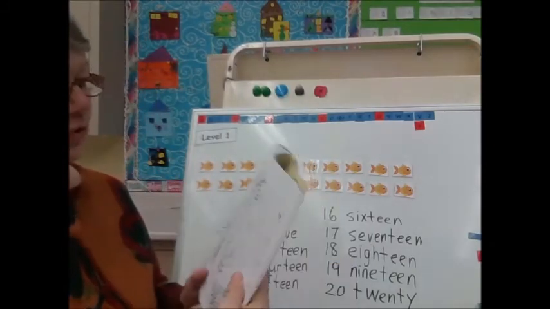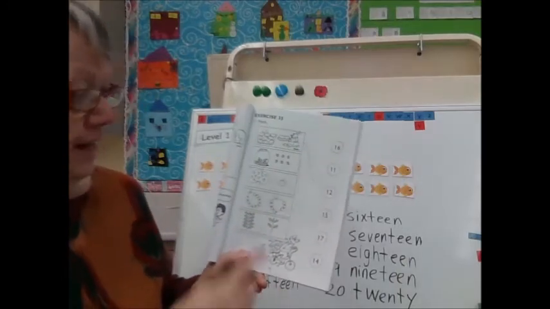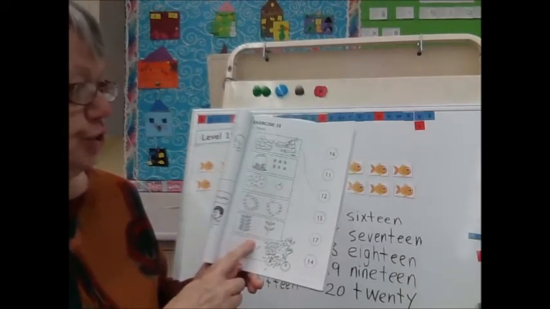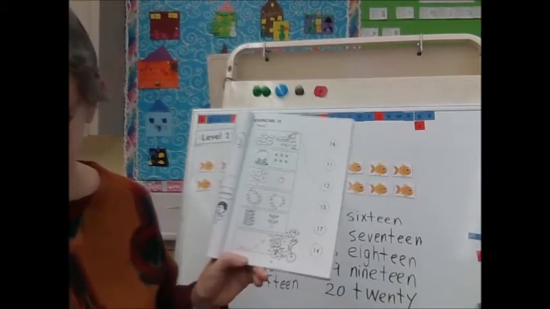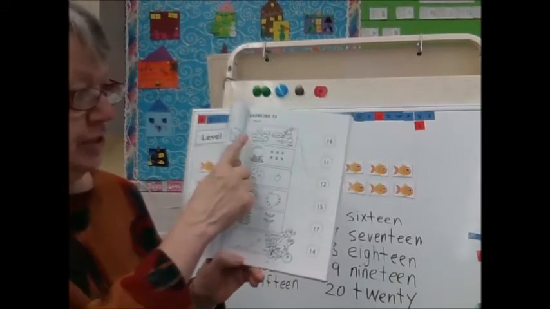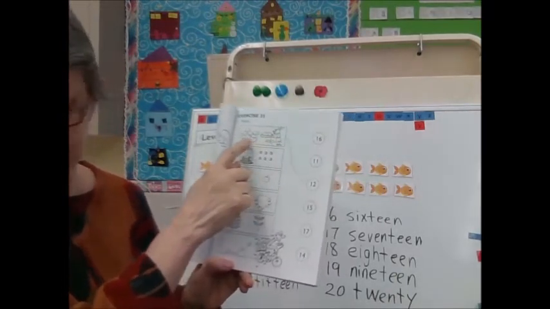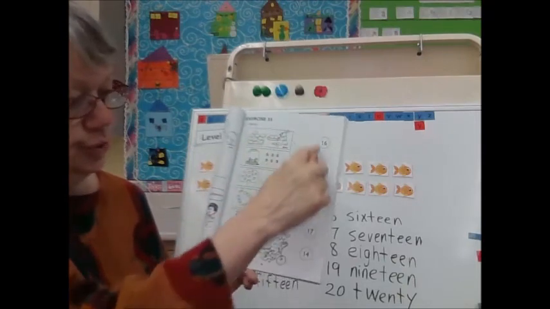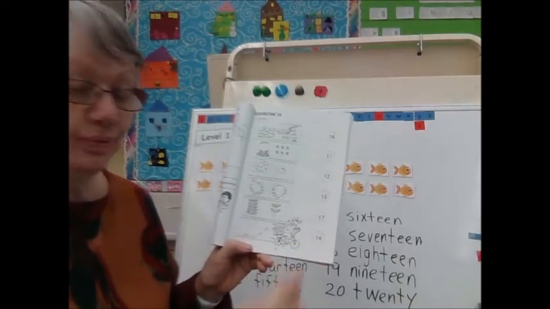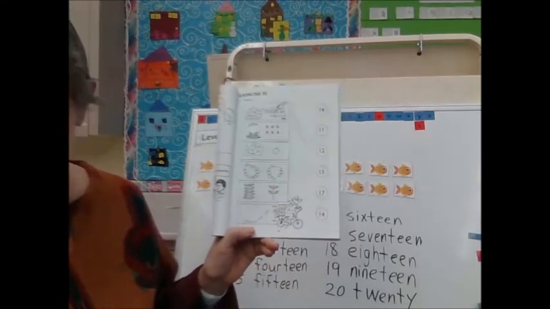All right, so the first page, all you have to do is you match, okay? So you count the number and then you match that number to the number. Not the word, but the number, okay?